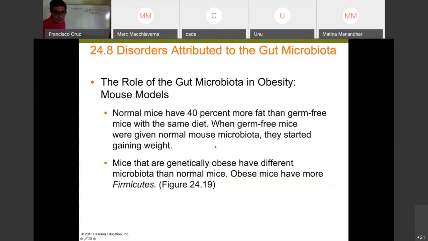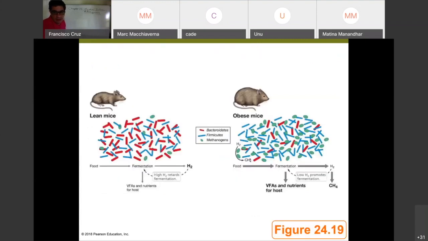I think I've talked about the obesity thing. Obesity is more prevalent with some bacteria. So this obese mouse versus the lean mouse, the difference is the efficiency with which they're fermenting. Remember I told you that before? This is where it really plays in.